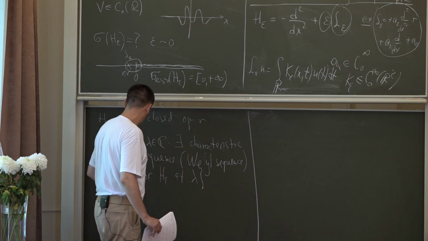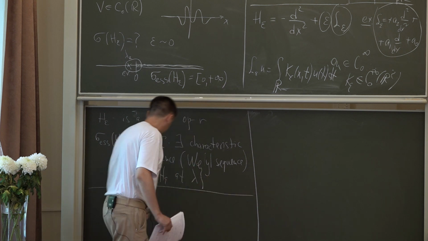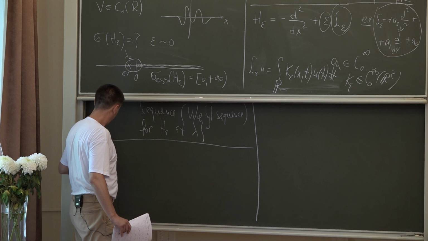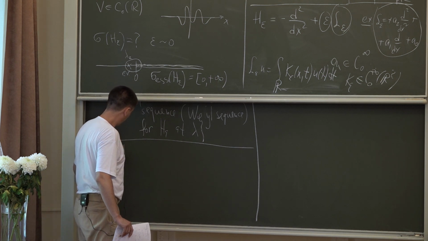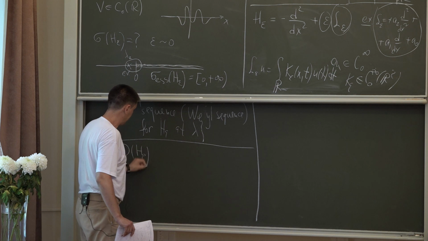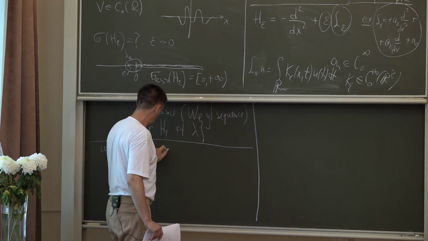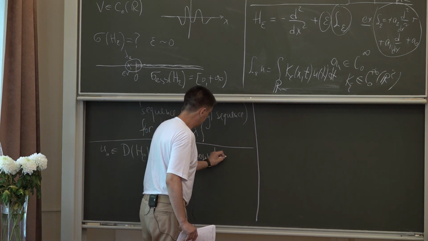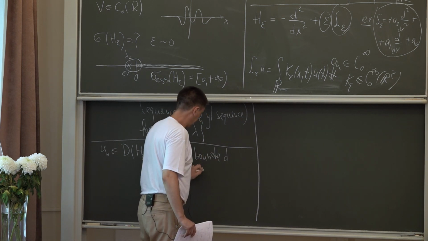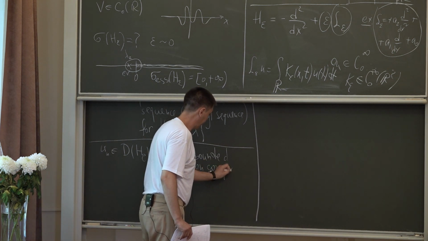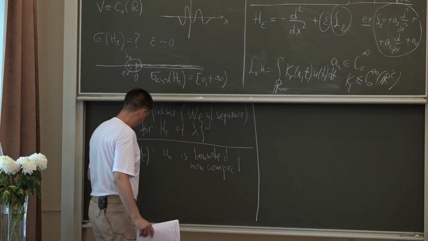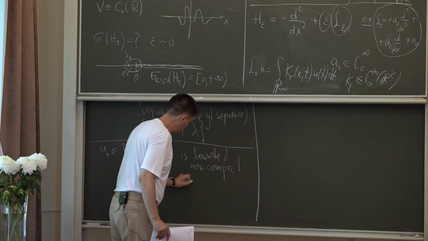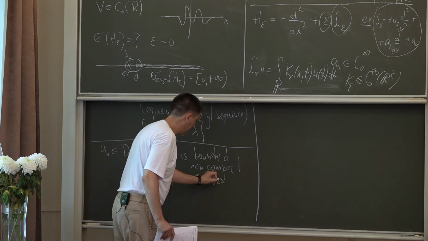It means that there exists a sequence of functions u_n from the domain of the operator H epsilon such that u_n is bounded, non-compact, and the norm of (H epsilon minus lambda) u_n tends to 0 as n goes to infinity.